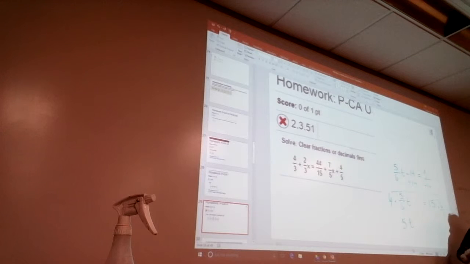So 5t, you can think of canceling out those 6's, equals 15 times 6. 6 times 15 is 90, because we have 3 sets of 30. And then last thing to do is we realize 5 times t and divide by 5. And so t equals whatever that is. 18.